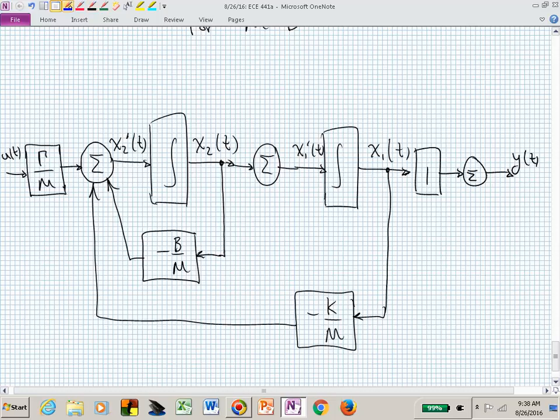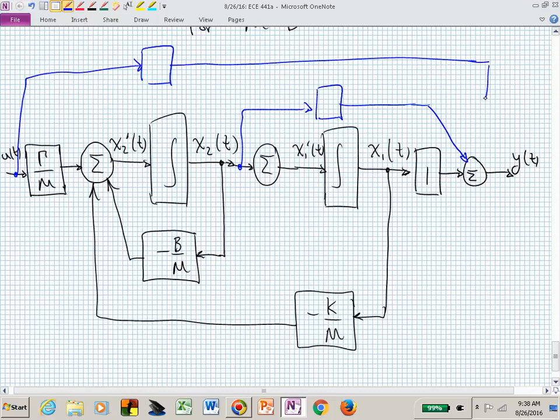But in general, it might be some linear combination of x sub 2, and maybe it even has some input, a direct feed through from the input all the way over. And this block diagram is still valid as long as I put zero gains in there.